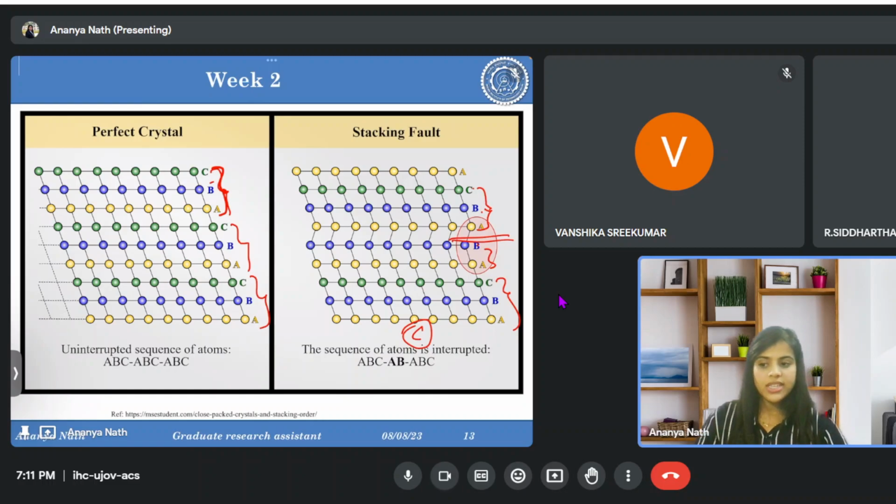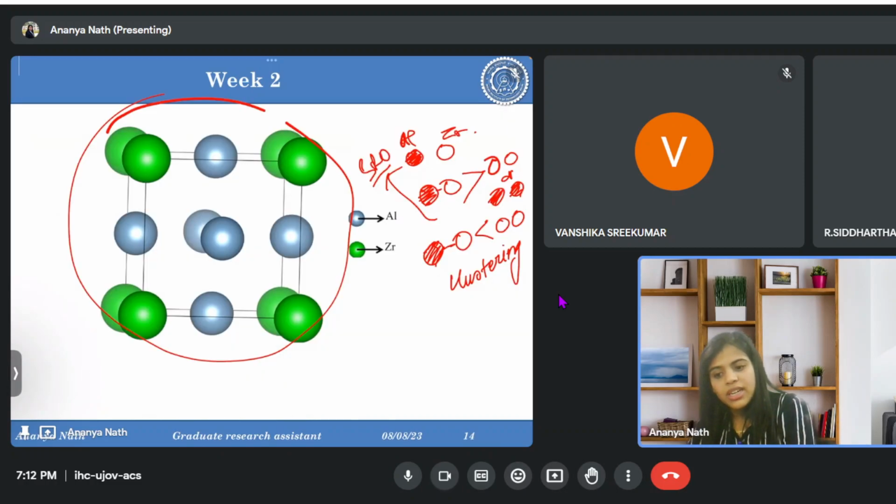There will always be a stress and an interacting factor present between the solid atom and the dislocations. There will always be a bond between the solid atoms and the parent metal. So as I have shown in this, there can be clustering or there can be short range ordering.